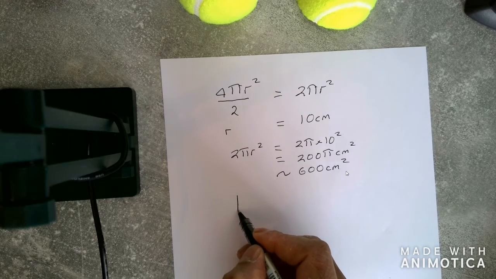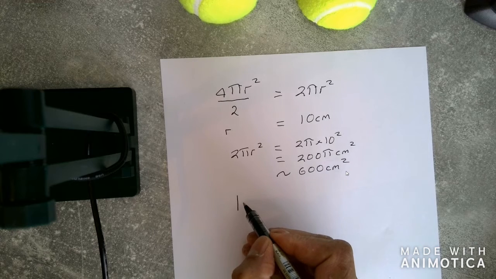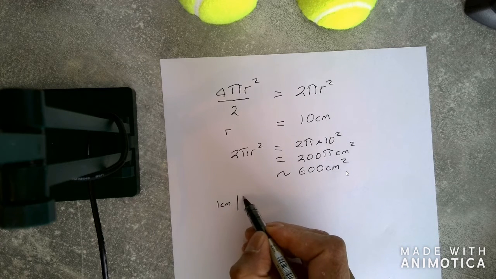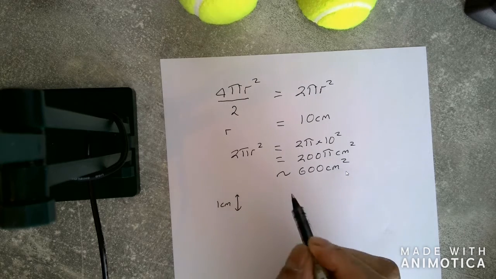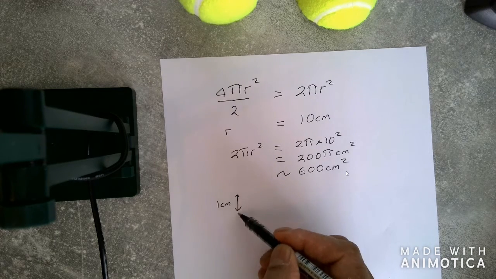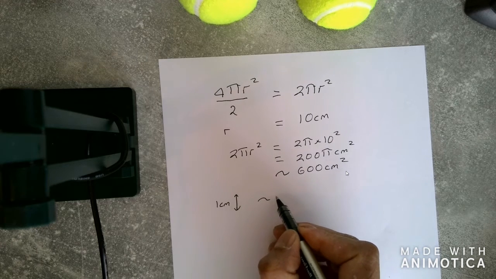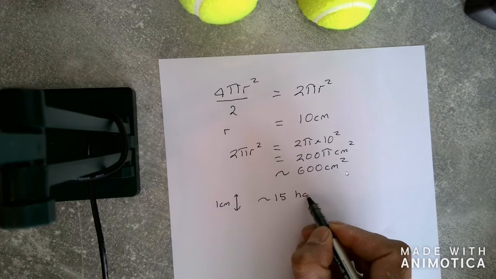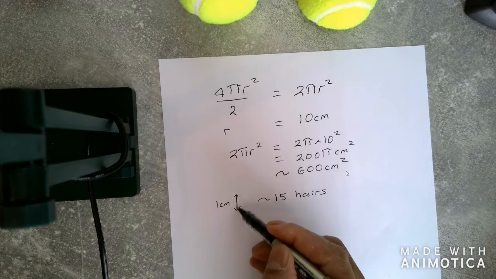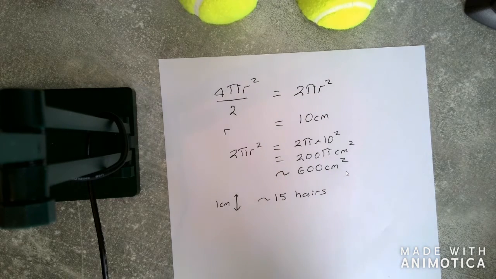Now if I'm going to approximate that if I counted the number of hairs in 1 centimetre, I would find about 15 hairs. So if I just measured a length, counted the number of hairs, I would find 15 hairs.